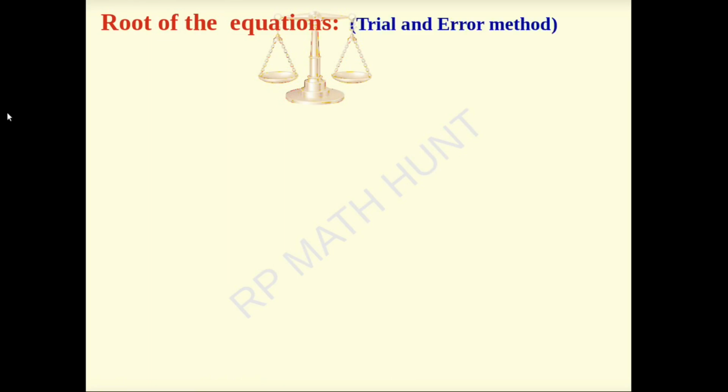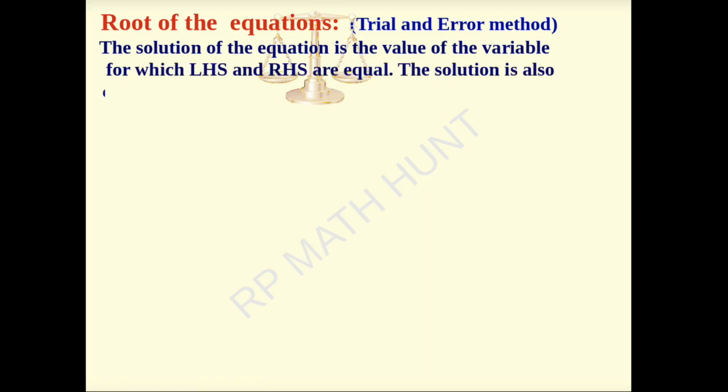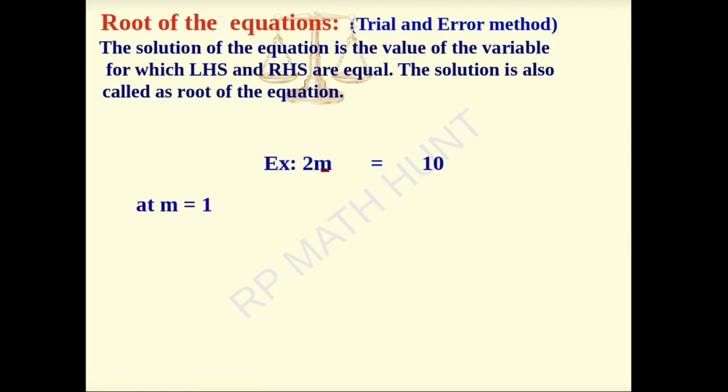Root of the equation by trial and error method. The solution of the equation is the value of the variable for which LHS and RHS are equal. The solution is also called a root of the equation. Example, 2m equals 10. You have to substitute one value after the other. At m equals 1, 2 into 1 equals 2. At m equals 2, 2 into 2 equals 4.